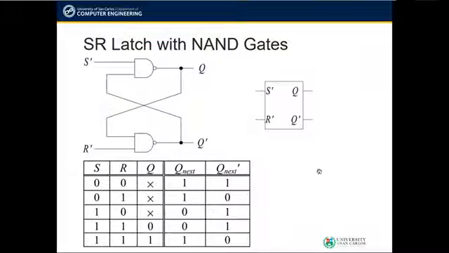Let's now discuss the characteristics of an SR latch using NAND gates. An SR latch implemented using NAND gates has this as the S prime input and this as the R prime input. Take note that for this SR implementation, the inputs are complemented.